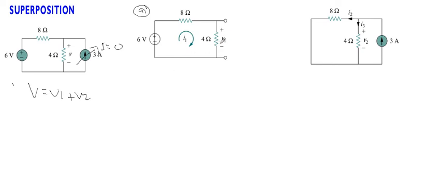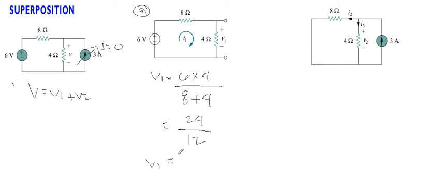To solve for V1, we simply do 6 volts times 4 over 8 plus 4. So we have 24 over 12. So we have V1 which is equal to 2 volts.